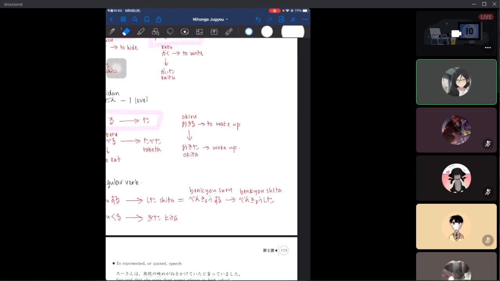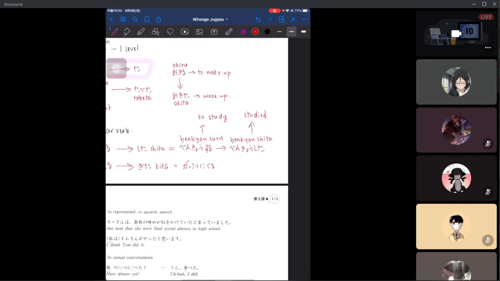So for example, 学校に来る, going to school, which means to come to school.